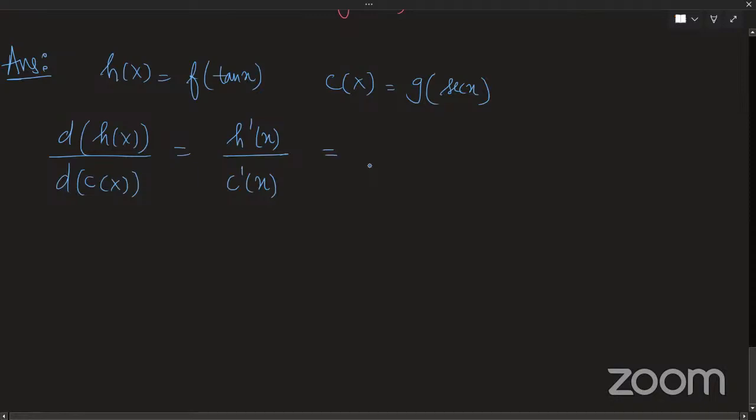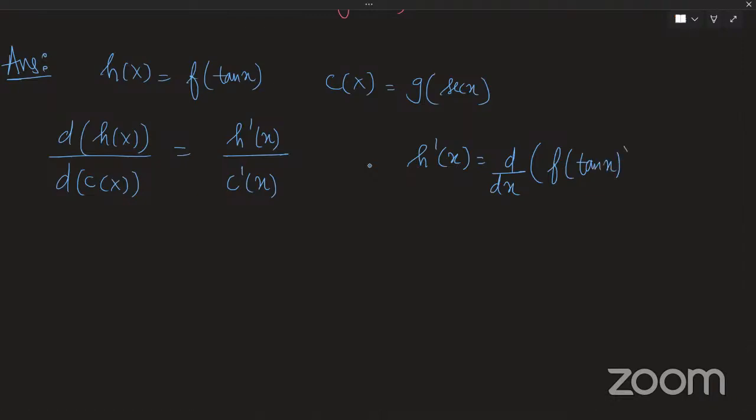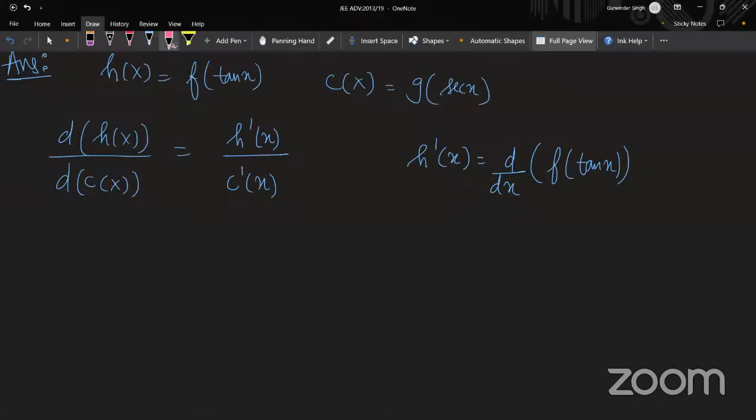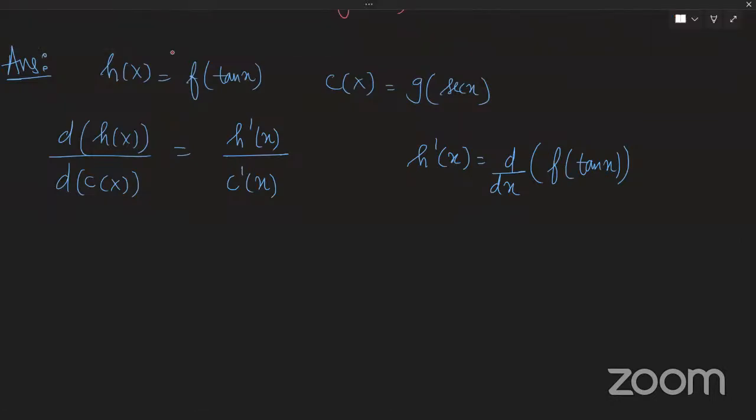Can you help me in calculating my h dash x? H dash x means d by dx of f of tan x. In f of tan x, which function has been inserted inside which function? Tan x is inserted in the f of x. Great.